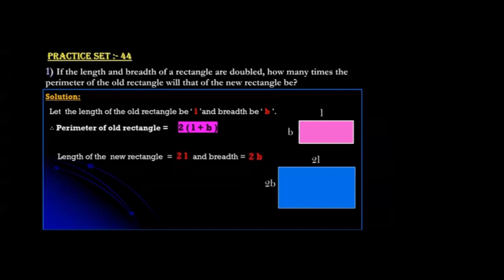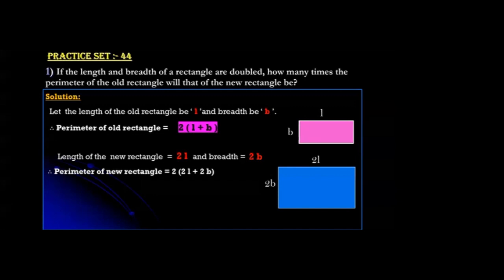Now the perimeter of the new rectangle as per the new terms that we have got. As per the formula, it will be 2 times 2 length plus 2 breadth.